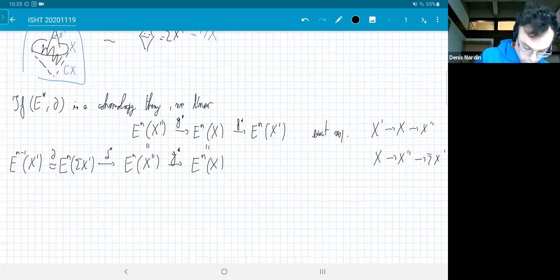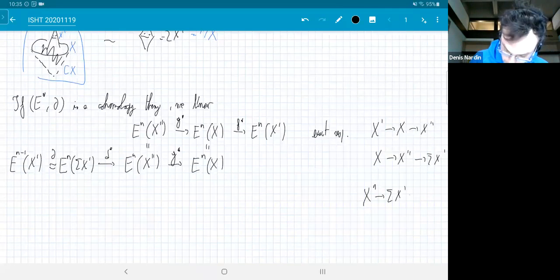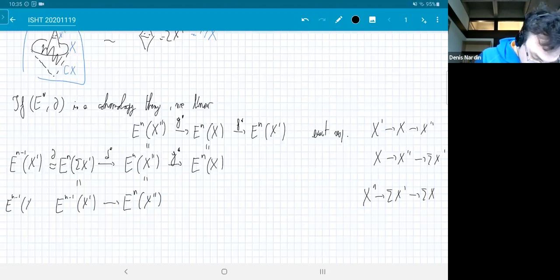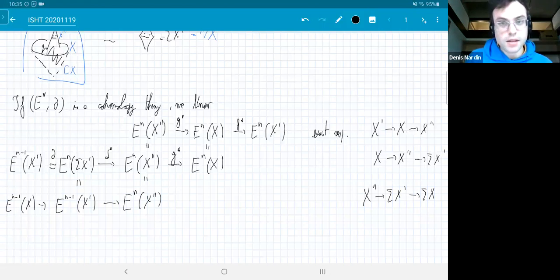And you can actually go further, take x double prime goes to sigma x prime goes to sigma x, and here, well, let me just write what the result is. You get En minus 1 x prime, and here you get En minus 1 x. And all these sequences are exact.